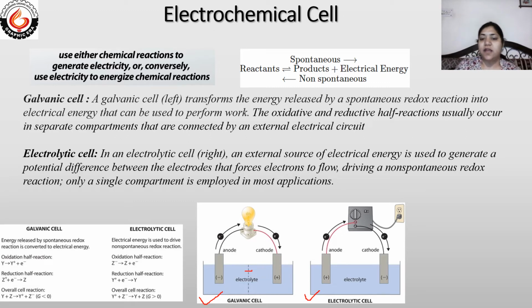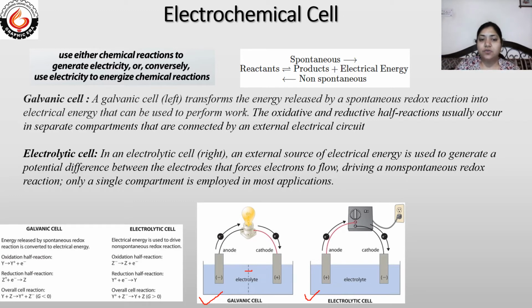So the sign changes totally for anode and cathode, but the function at anode and cathode does not change. Always reduction occurs at the cathode and oxidation occurs at the anode. Another major difference: in a galvanic cell, the reduction and oxidation reactions occur in different chambers, whereas in an electrolytic cell it is in the same chamber.